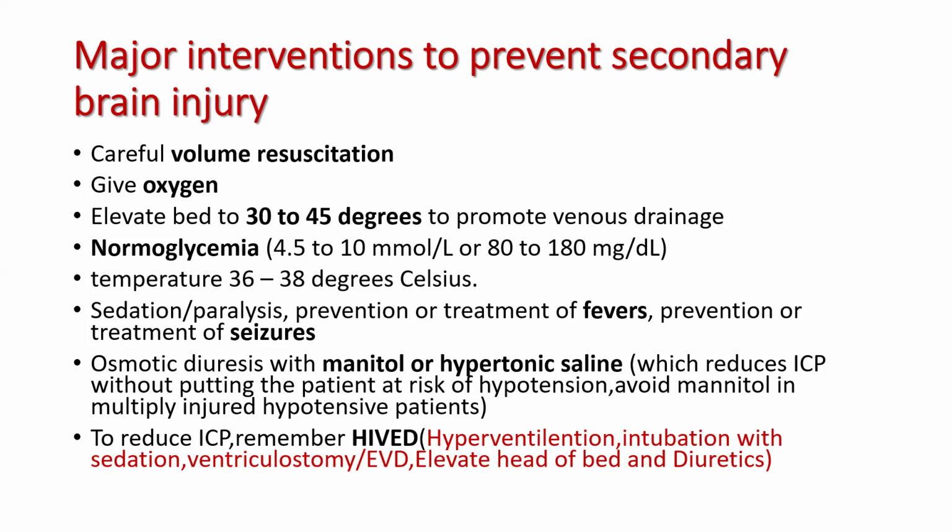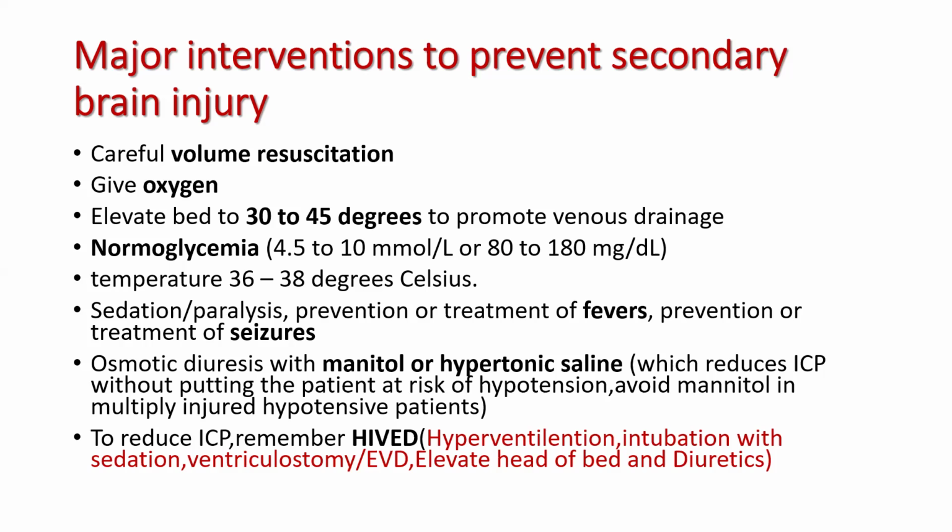Osmotic diuresis with mannitol. Yes, we commonly use mannitol to do osmotic diuresis to reduce the edema of the brain. But we have to be very careful, because if the systolic blood pressure is below 100 and you add mannitol, we already mentioned that mannitol is going to bring down your blood pressure and you're going to have another problem.